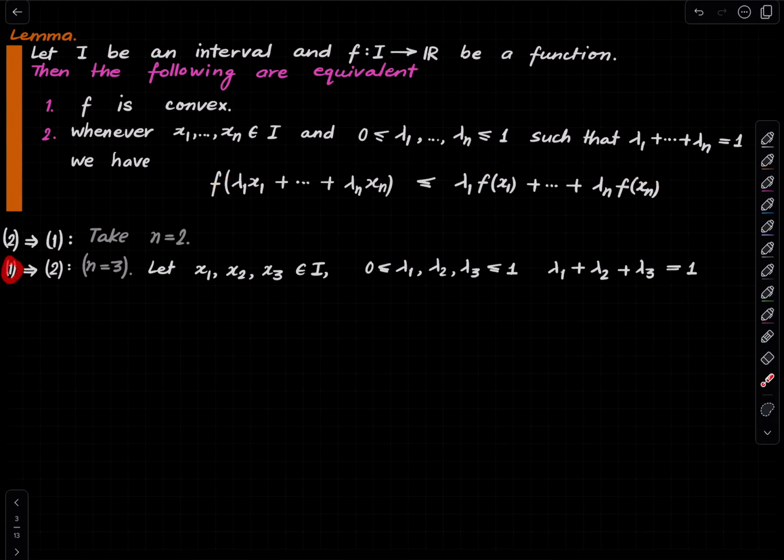We're assuming 1. So we are considering this sum, and we want to exploit the convexity of f. So we will make some adjustments. So we will write the rest of the thing as follows. We will make a little adjustment.